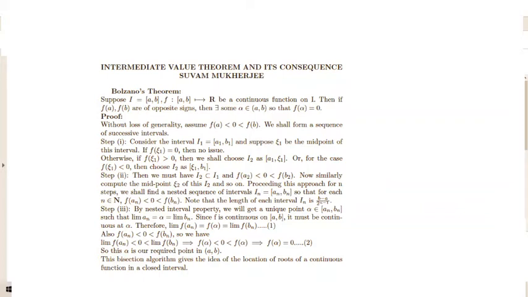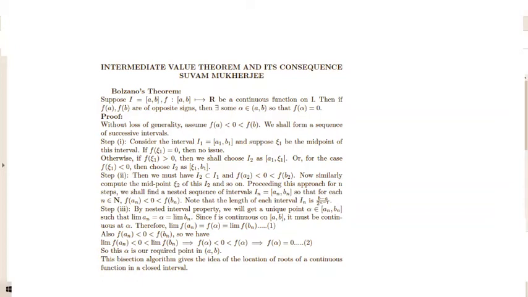Now note one thing: the length of each interval is (b minus a) by 2 to the power n minus 1, because initially the interval is [a, b]. So the length of each interval In will be the difference b minus a divided by the number of steps, that is (b minus a) by 2 to the power n minus 1.